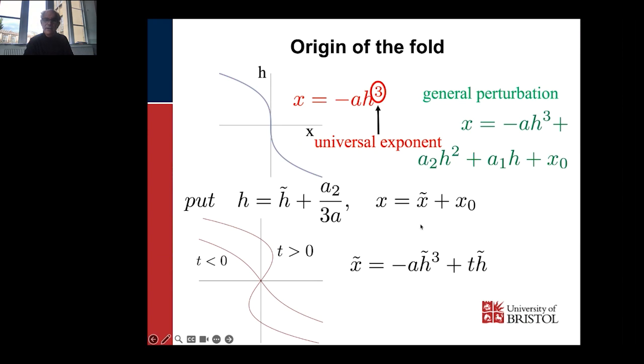And in any such situation, the folding will be described by this law here, where t is a parameter, such that for t equals 0, I have the unfolded state, and for t greater than 0, the folded state.